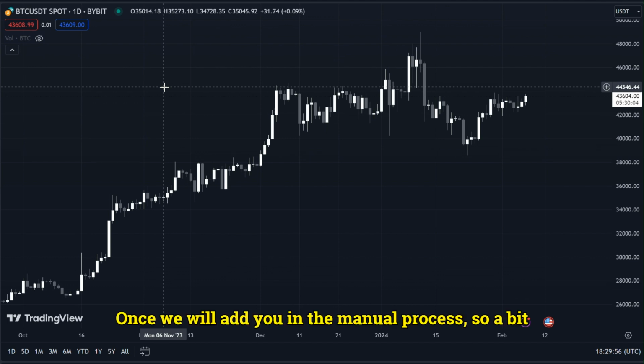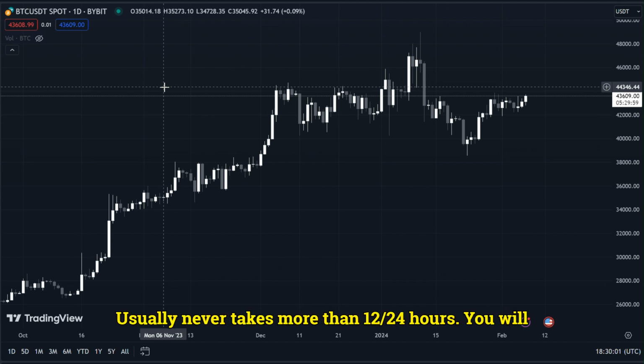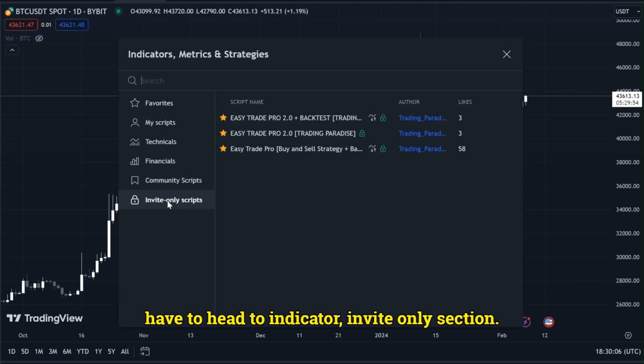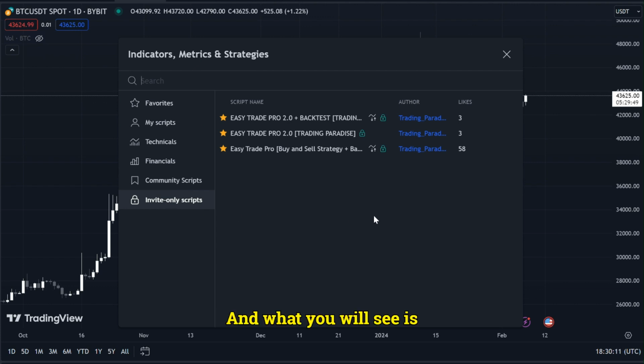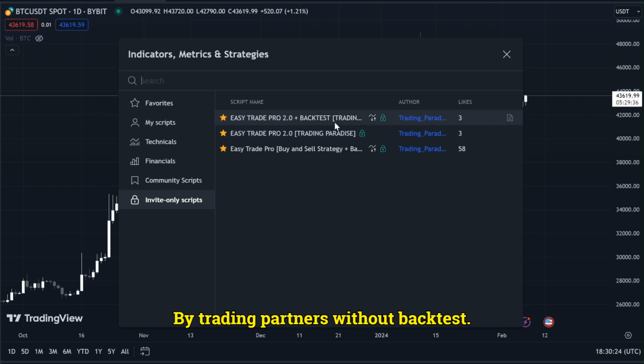Adding you is a manual process, so a bit of patience, it usually never takes more than 12-24 hours. You will then head to the indicators, invite-only section, and what you will see is EasyTrade Pro 2.0 plus backtest, and EasyTrade Pro 2.0 by Trading Paradise without backtest.